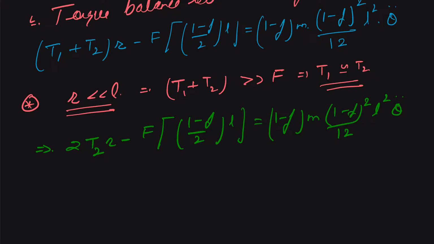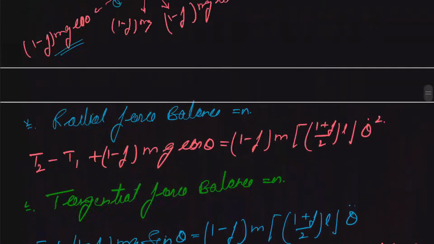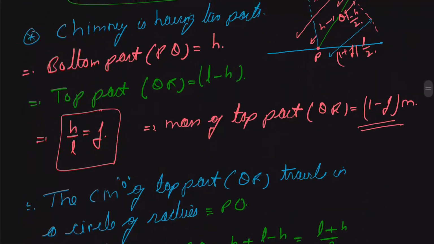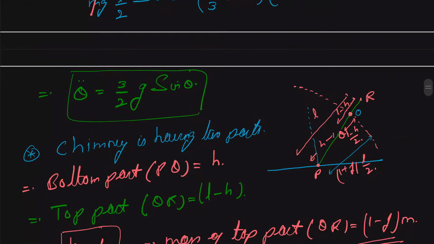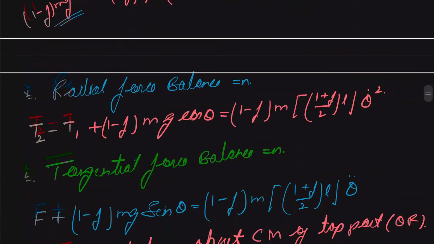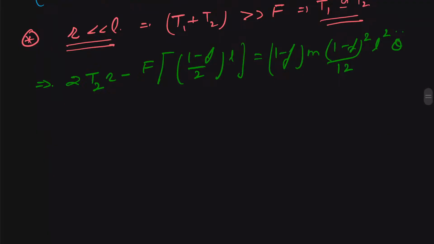And we are simply going to replace our θ double derivative because we already know its equation. So this θ double derivative is equal to 3 by 2 g sin θ.